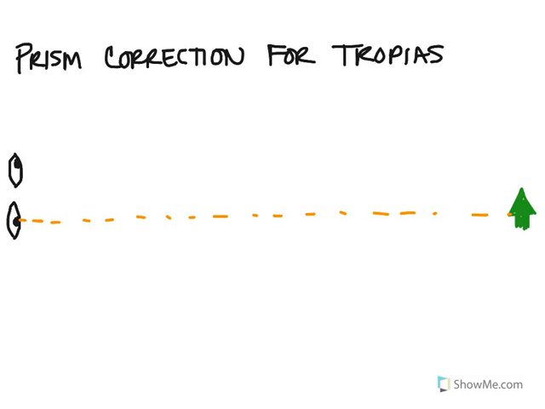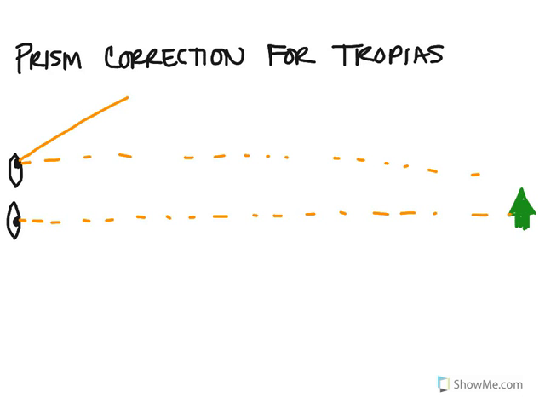But according to the left eye, something over here is straight ahead, and the tree appears to be off at some other angle. So each eye sees a different image, and the brain has a hard time combining these images, and the person would see double.